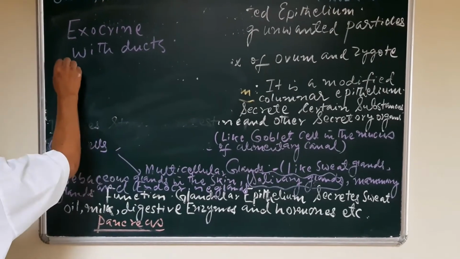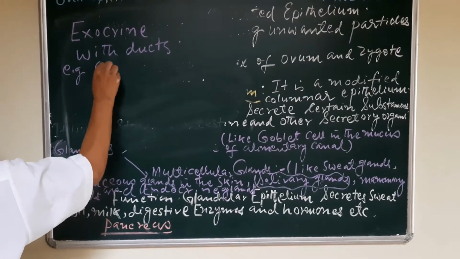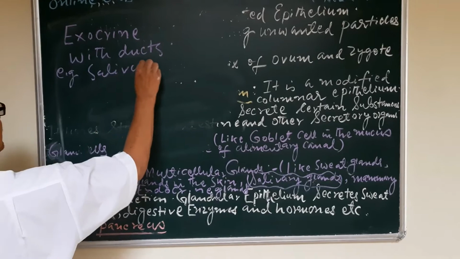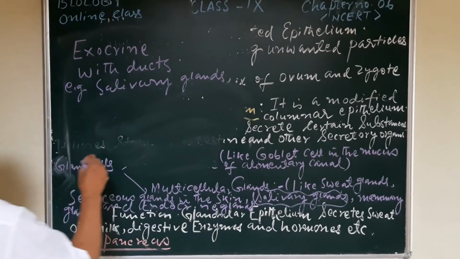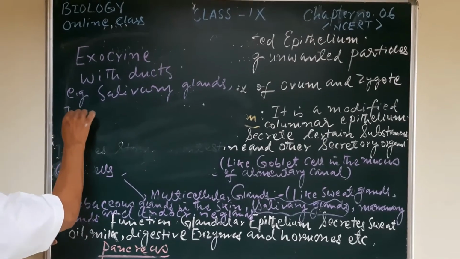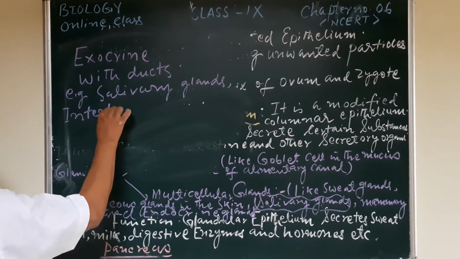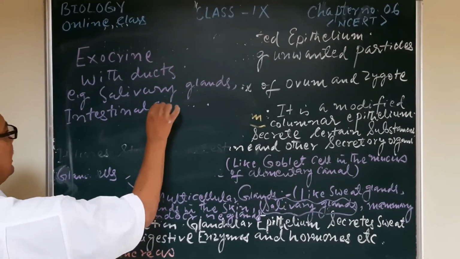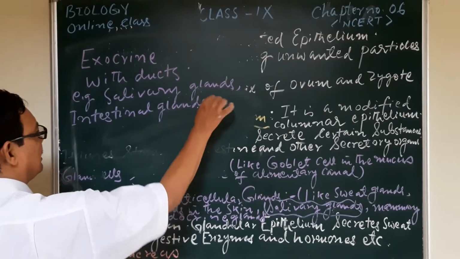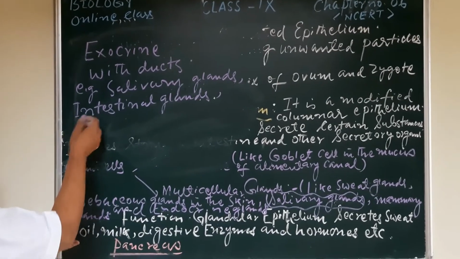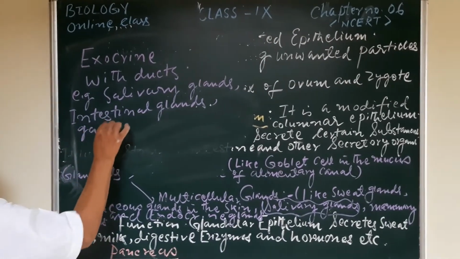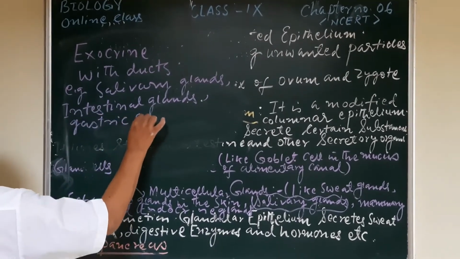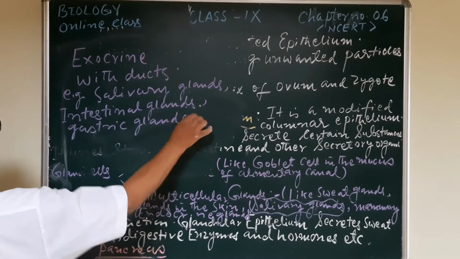Examples you have seen here, like salivary glands, intestinal glands, and other examples like the gastric glands. So these are the examples.